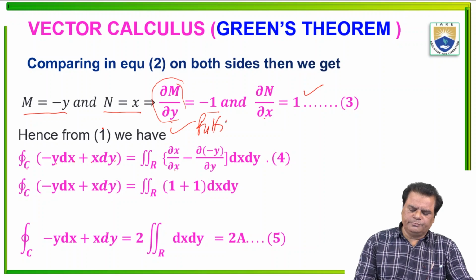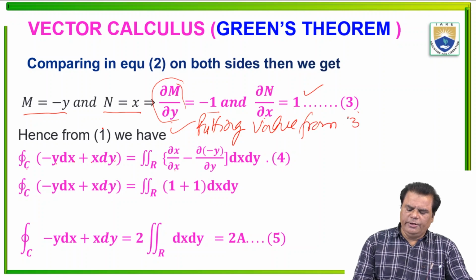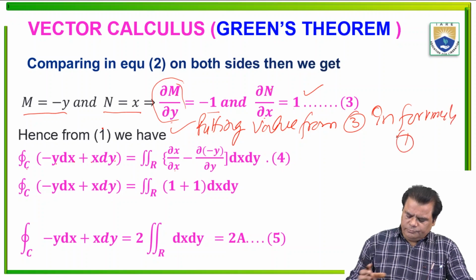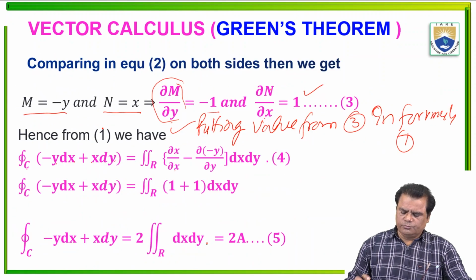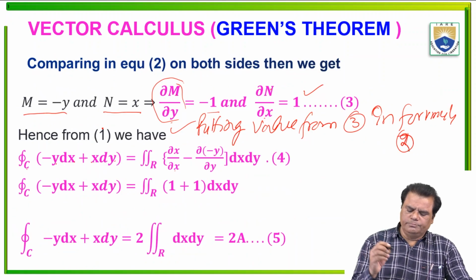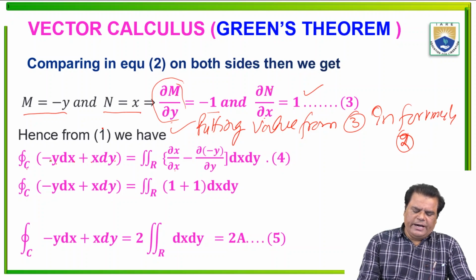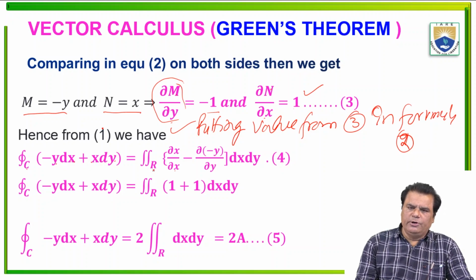Putting these values from equation 3 in formula 1, we get equation 2: the integral of minus y dx plus x dy equals the double integral of dou x over dou x minus dou over dou y of minus y, dx dy.